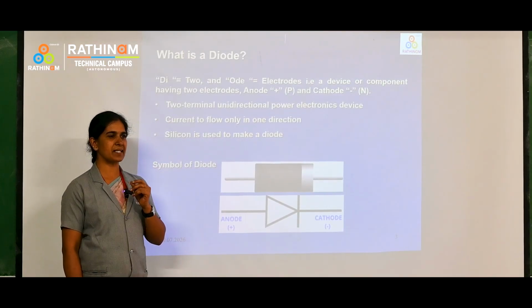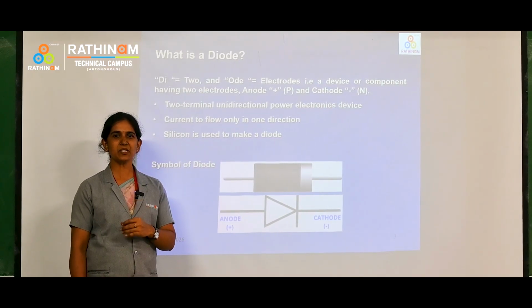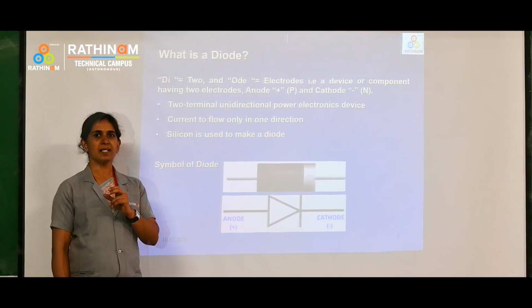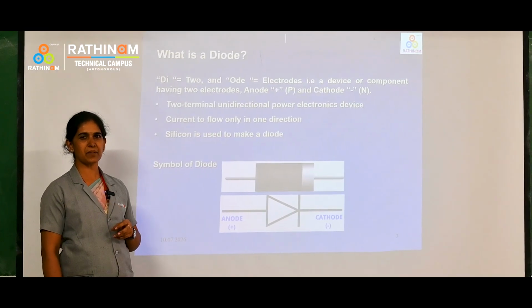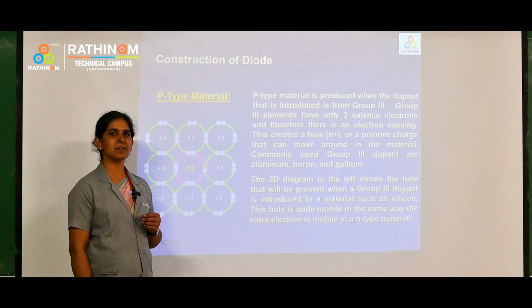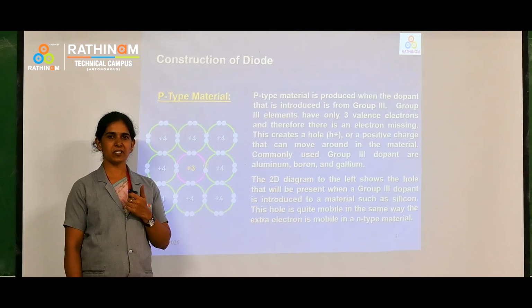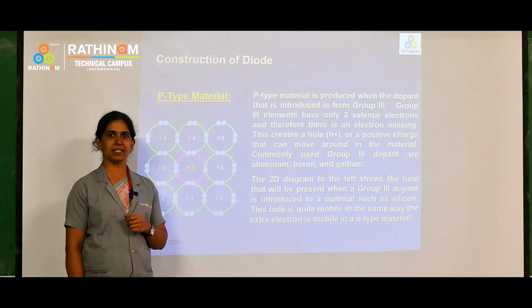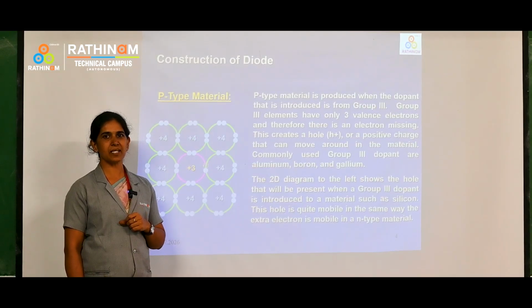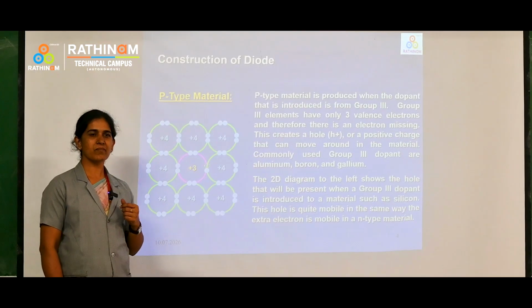As the conductivity lies in between, one can control the conductivity of silicon, germanium or gallium arsenide based on our application. So semiconductor materials are widely used to make diodes, and not only diodes, all semiconductor devices, rather than insulators and conductors.